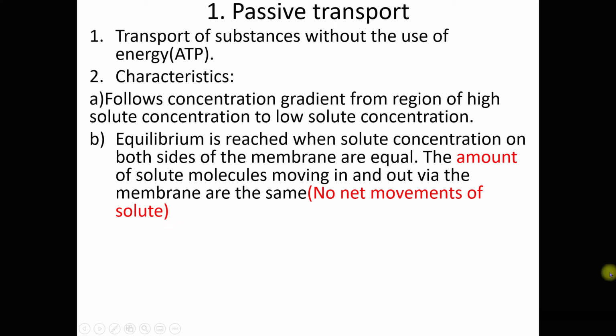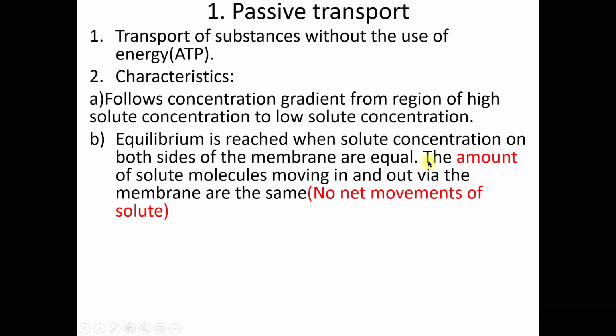No net movement of solute meaning to say, bukannya tidak ada pergerakan bahan itu from region A to region B. No net movement means there is movement of that solute from region A to B and B to A, but in equal numbers.